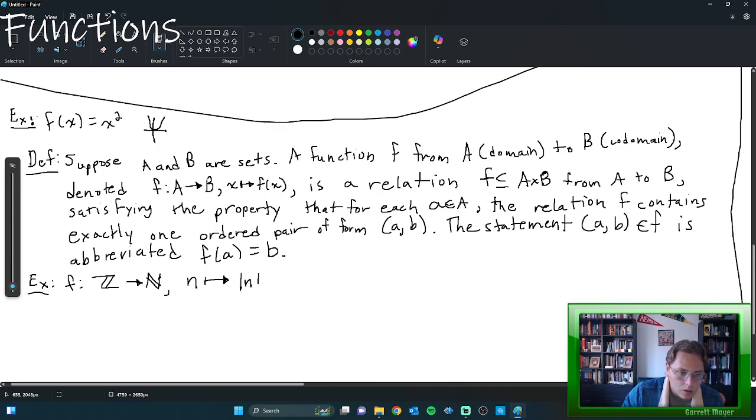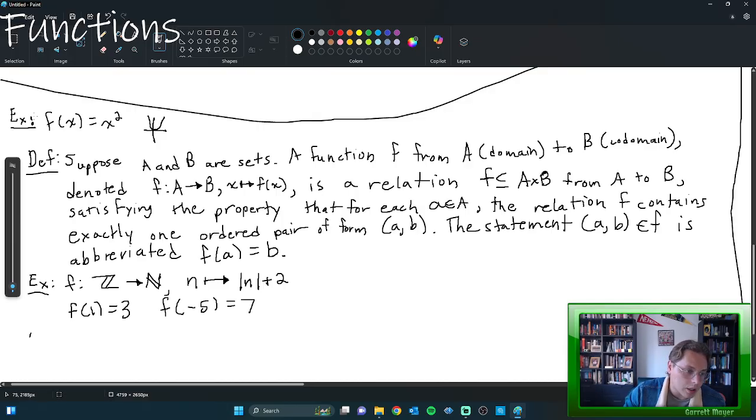So it's basically saying this function moves us from, you can plug in any integer, and it's going to output a natural number, and that natural number output is going to be the absolute value of the integer you plugged in plus 2. So for example, f of 1 is 3, f of negative 5 equals 7.